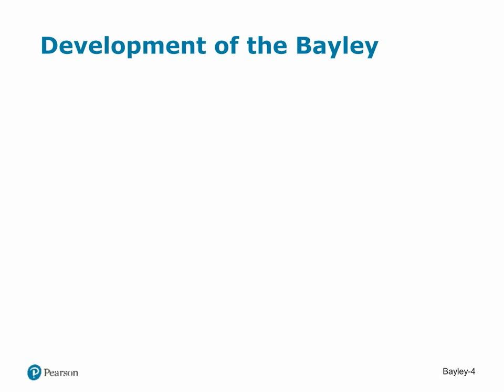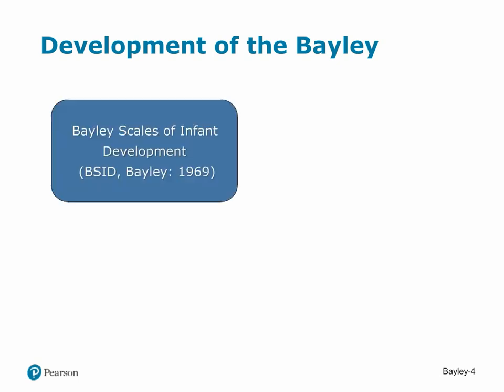Before we describe the fourth edition of the Bayley, let's consider the development history of the scales. The original Bayley Scales of Infant Development was published in 1969. The author was Dr. Nancy Bayley, a psychologist who in the early part of her career had conducted research on early development at the University of California, Berkeley.